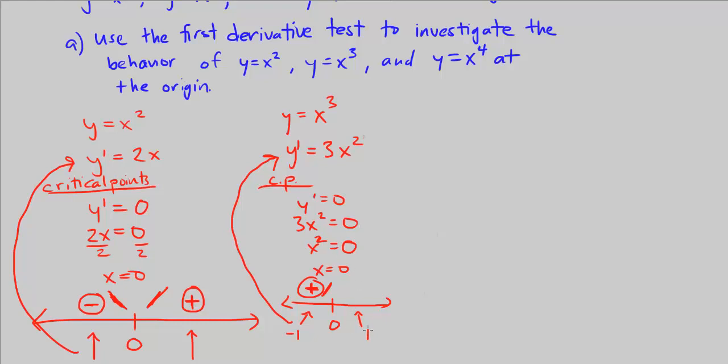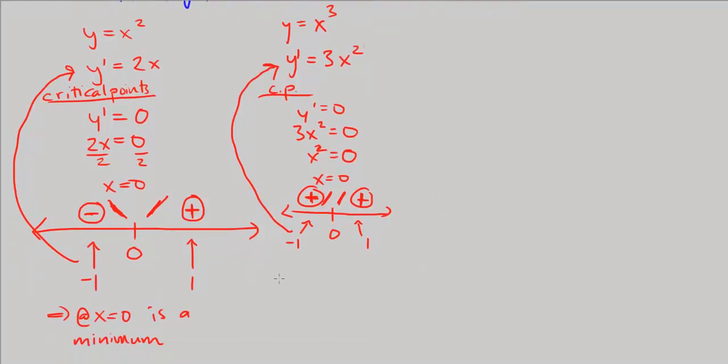Plugging positive 1 into x makes this 3 times positive 1 squared, which is also 3, positive, which tells us it's increasing to the left and increasing to the right, which tells us nothing, right? So we don't learn anything about our extrema, about our maximums and minimums from the first derivative test.